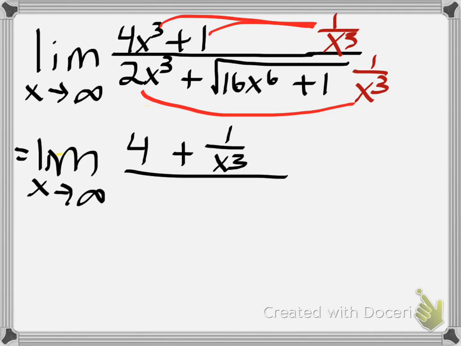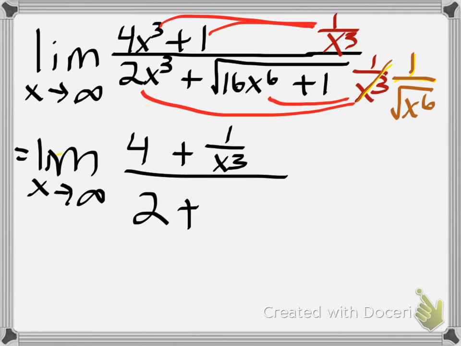So I have 2x cubed times 1 over x cubed, which will turn into just 2, plus, and now what we want to think about when we're distributing this 1 over x cubed for the square root, it's actually going to become, instead of 1 over x cubed, the same thing as 1 over the square root of x to the 6th.